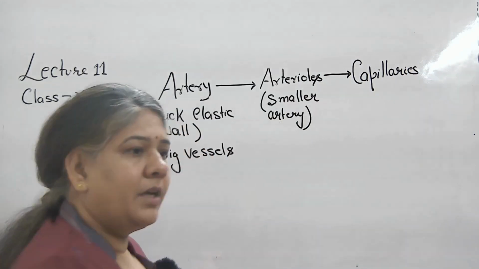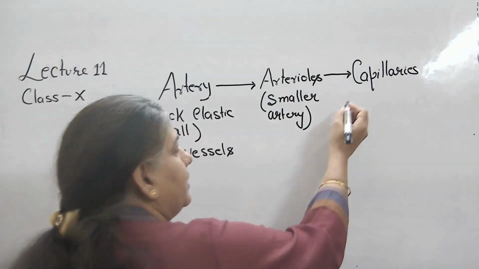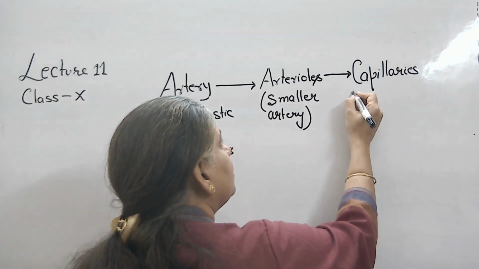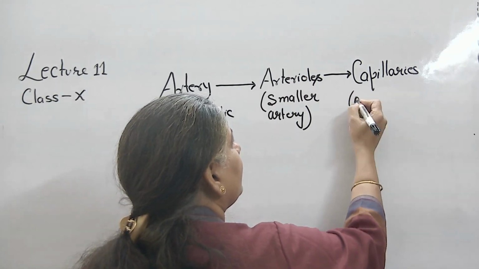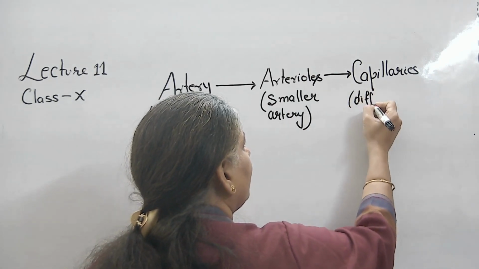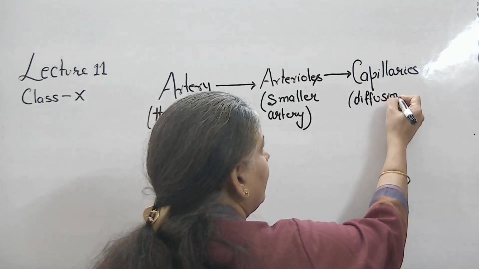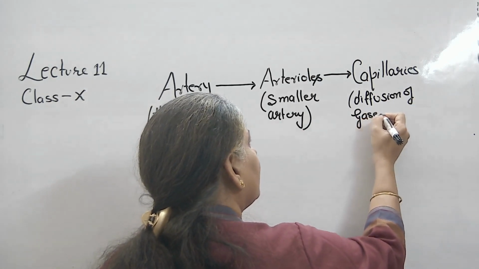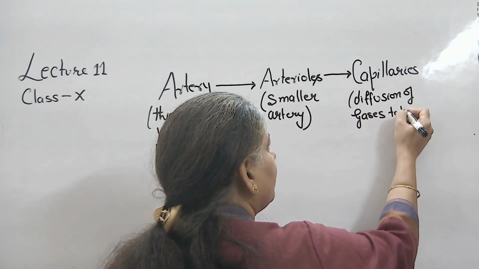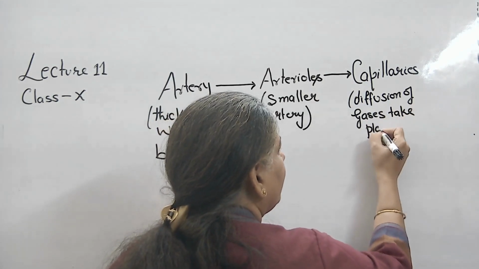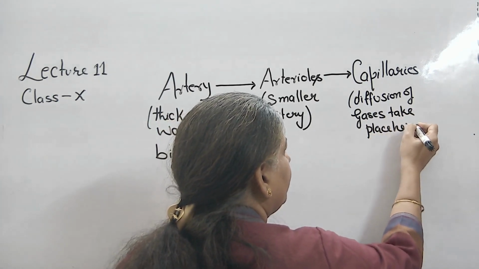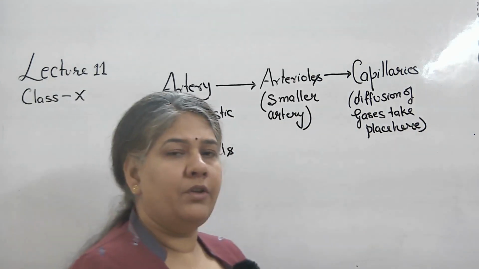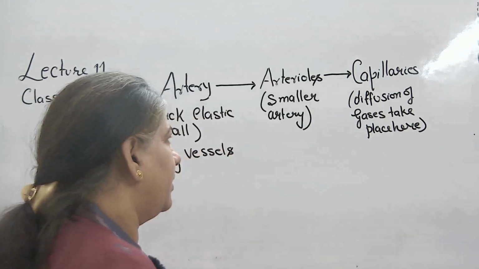So it is here that diffusion takes place because these are very delicate and fine. So you can write diffusion of gases take place here. Diffusion of gases, even diffusion of nutrients will also take place.